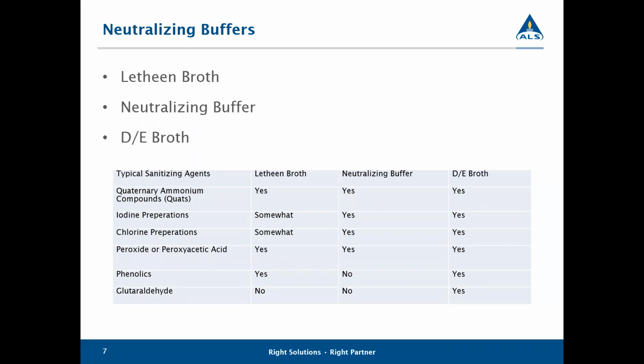So when you're talking to the lab, you need to let them know, hey, I'm using a quaternary ammonia for my sanitizer, or I'm using a peracetic acid. Because any residual sanitizer could have bactericidal activity, which could negatively affect the samples once they're analyzed.